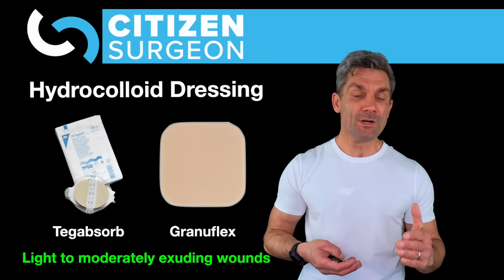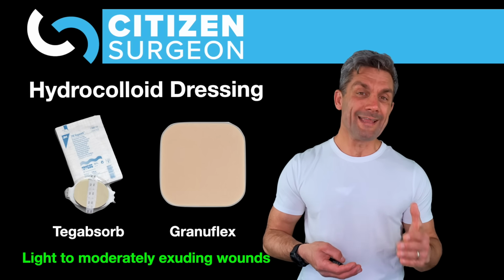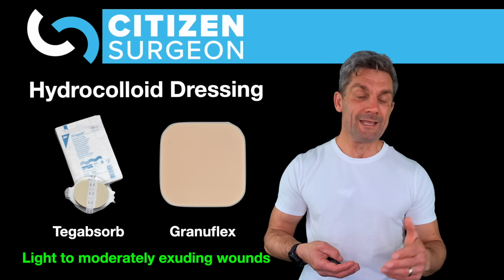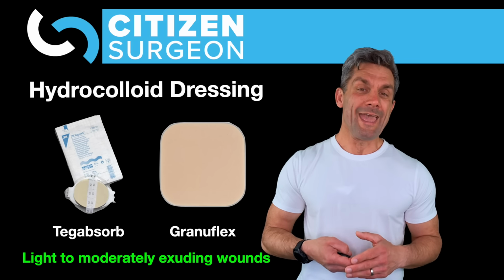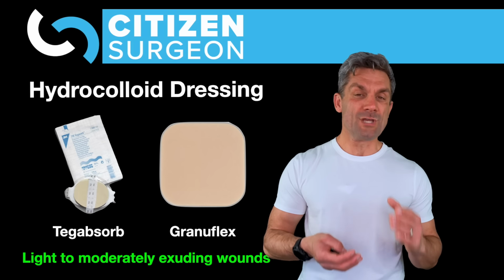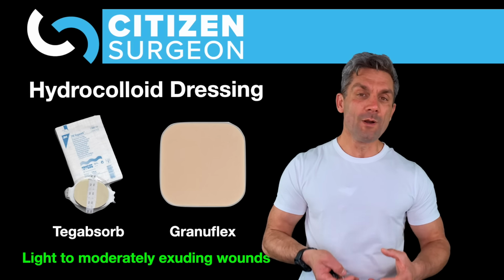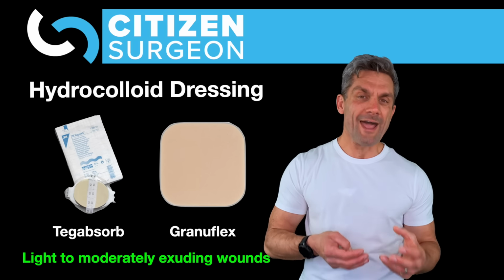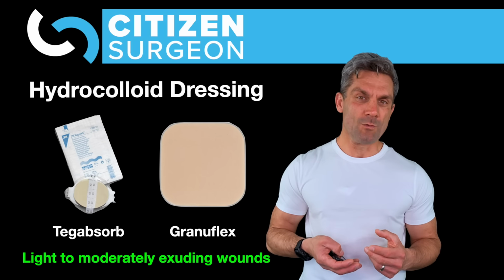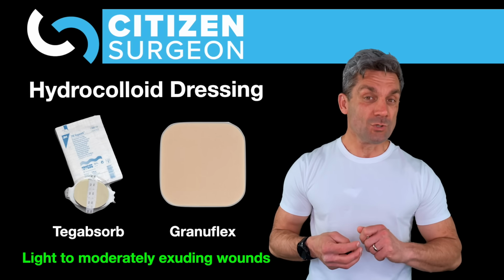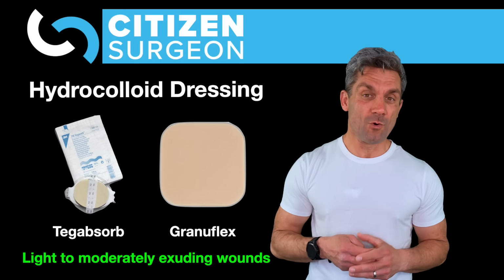Then they have an inner gel forming layer, and that is usually made of either carboxymethylcellulose or gelatin or pectin, okay? And when that inner gel forming layer interacts with the wound exudate, it forms this gel that provides moisture to the healing wound. These dressings are nice because they are relatively painless to remove because of that gel forming layer.